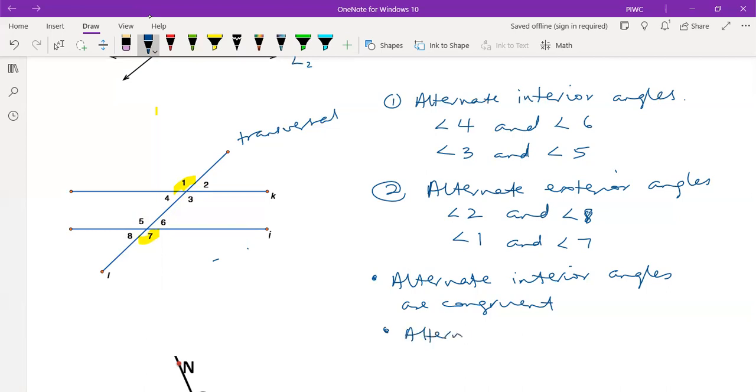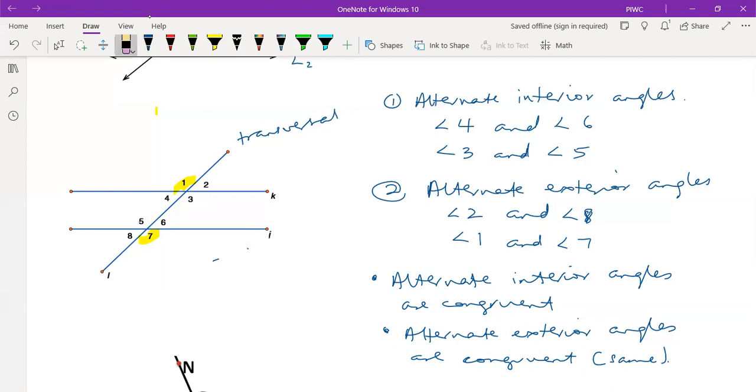Alternate exterior angles are also congruent, or the same. So you need these properties to be able to answer questions involving angles in parallel lines.